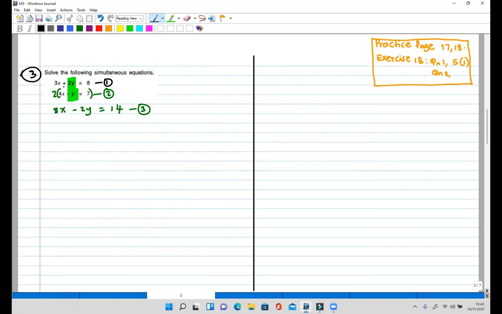Now we are going to use equation number 1, which is 3x plus 2y is equal to 8, and equation number 3, which is 8x minus 2y is equal to 14. This is equation number 3. Now, what should we do then in order to eliminate y?